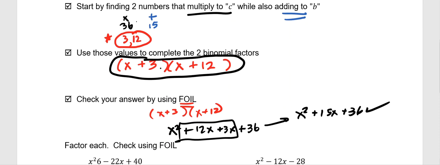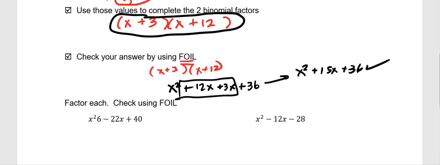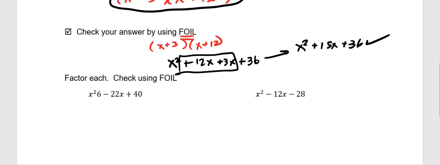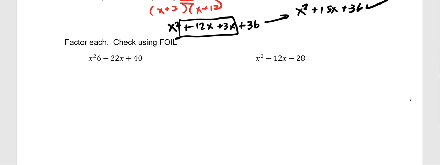So I confirm that I'm in the proper factored form for my final answer because I can FOIL back out to the original trinomial. So that's all there is to it. It's really making use of the values in our standard form, our b and c values specifically, coming up with our two numbers and using those two numbers to build our binomials.